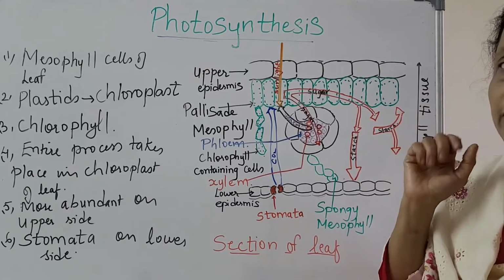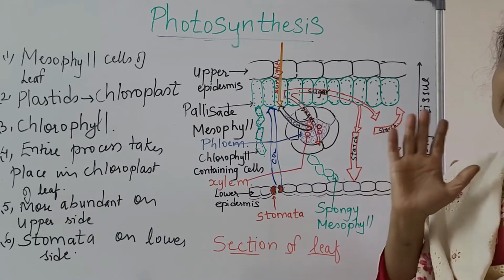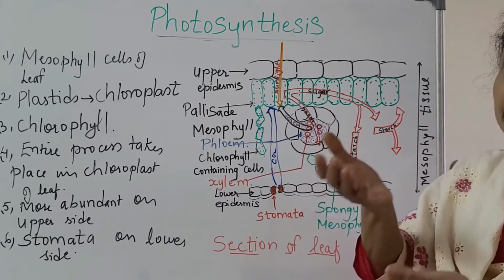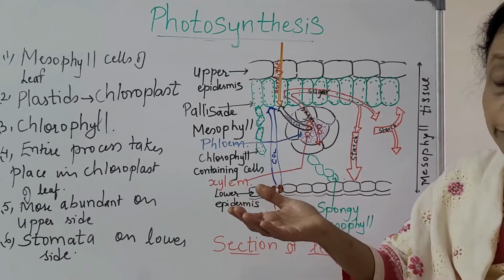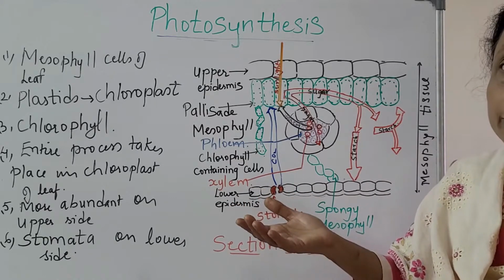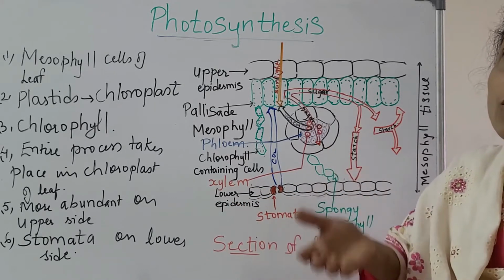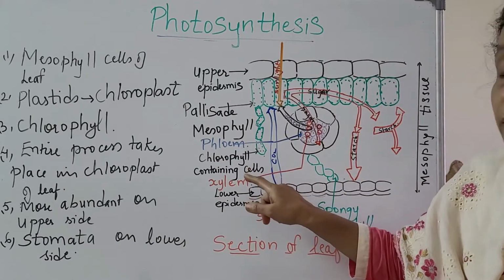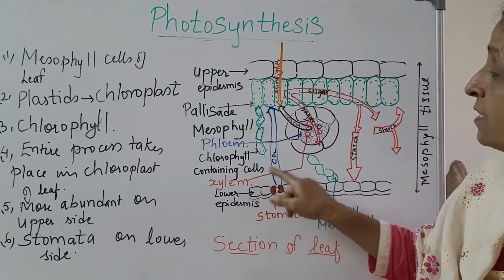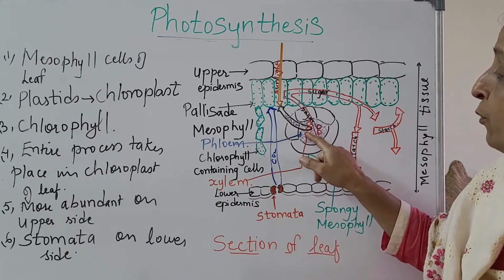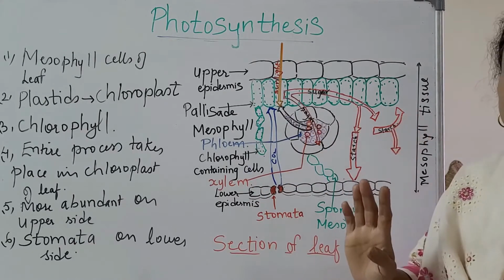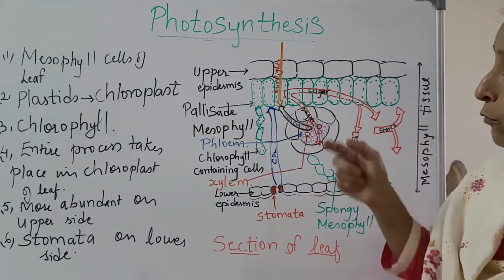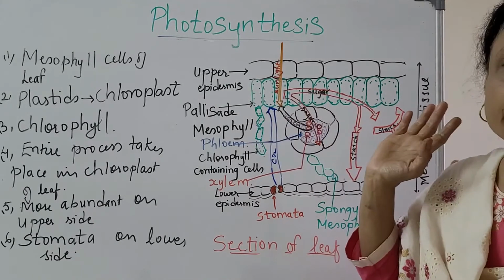Now you have studied xylem. Xylem is for absorption of water and minerals, because photosynthesis is making food, so it requires water. Who is going to bring the water from the roots? Xylem. This tissue, the red color tissue you can see, is xylem, which is going to bring water to this palisade mesophyll.